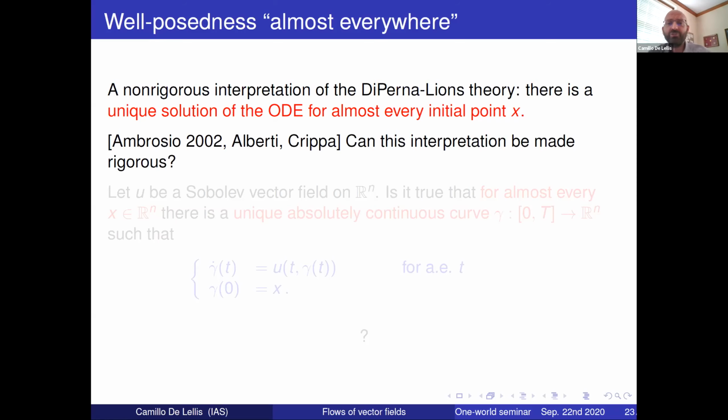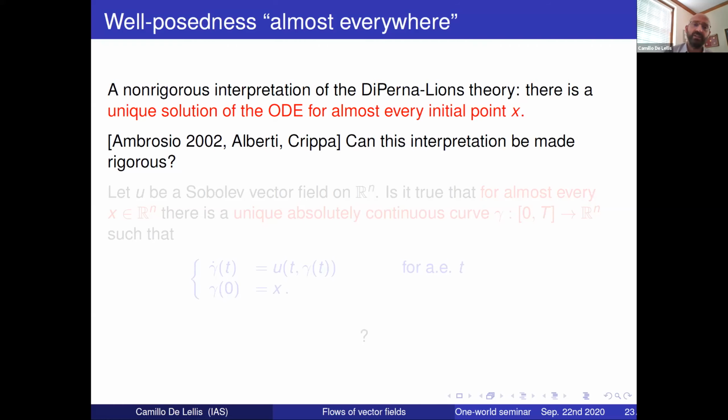Now, this is not true literally. What the DiPerna-Lions theory really tells you is that there's a unique concept of global flow, which gives you all the trajectories all together, up to a set of measure 0. But it's not making any statement on the almost everywhere uniqueness of a classical solution of the ODE.